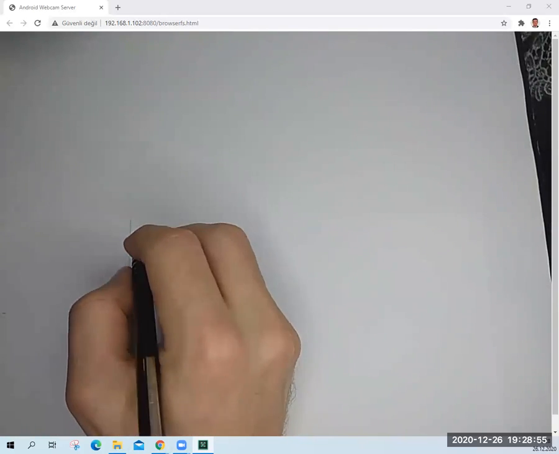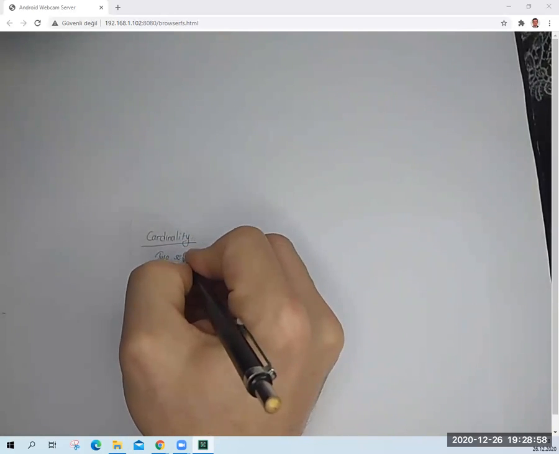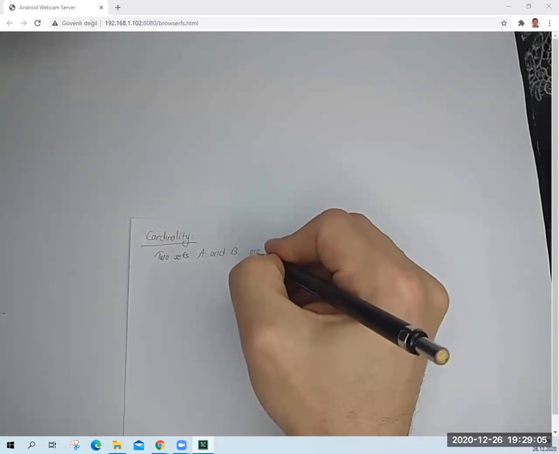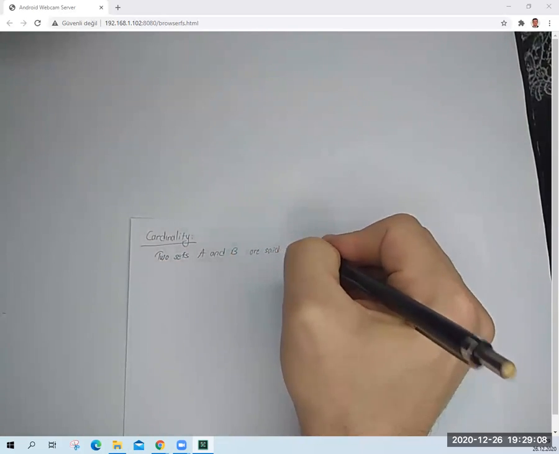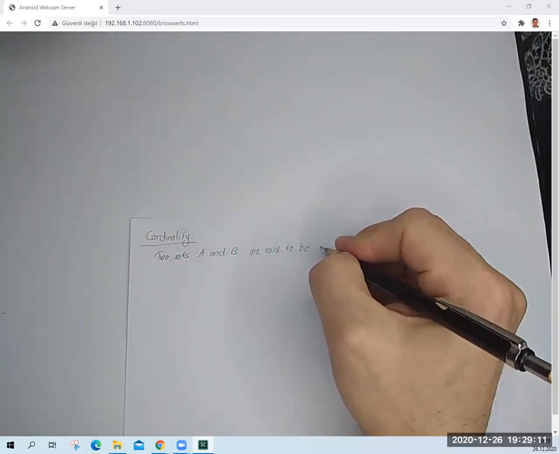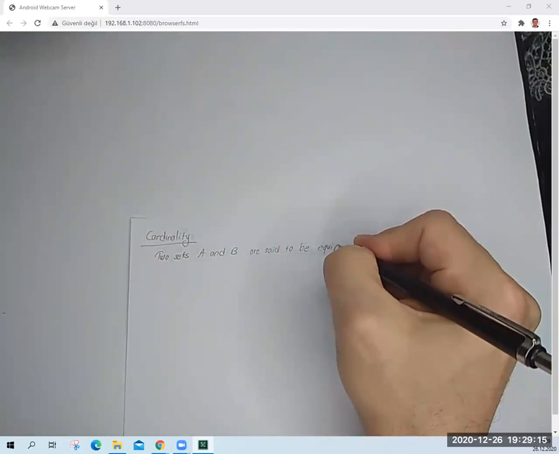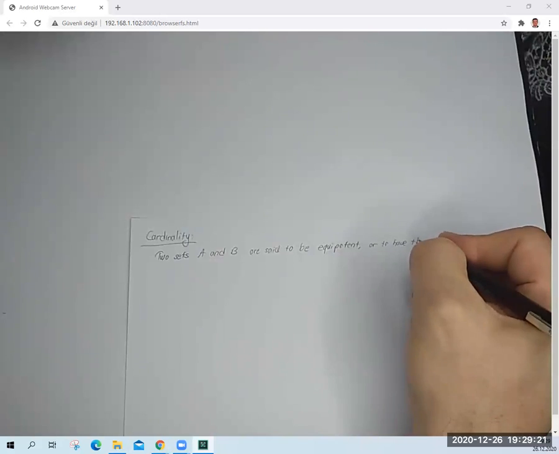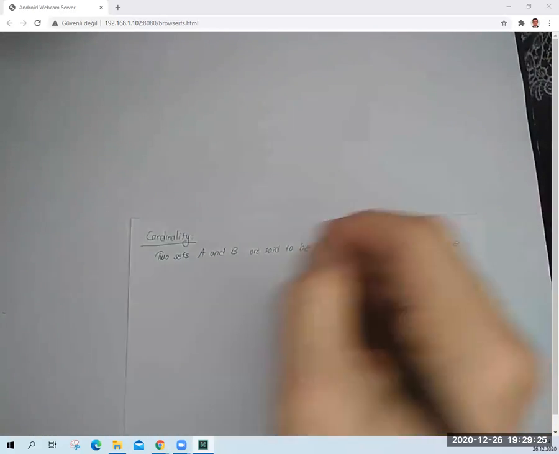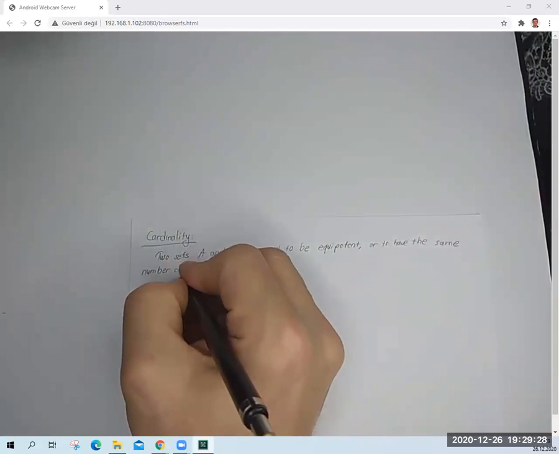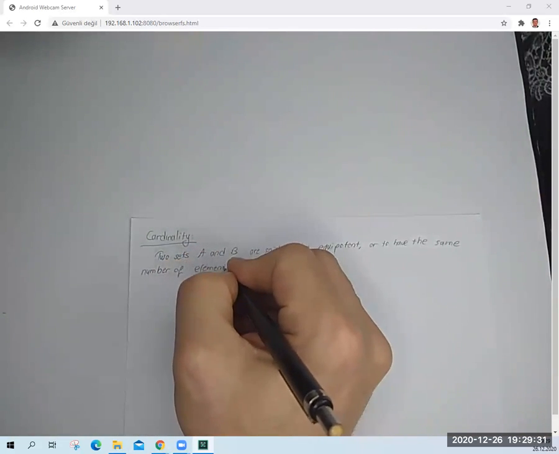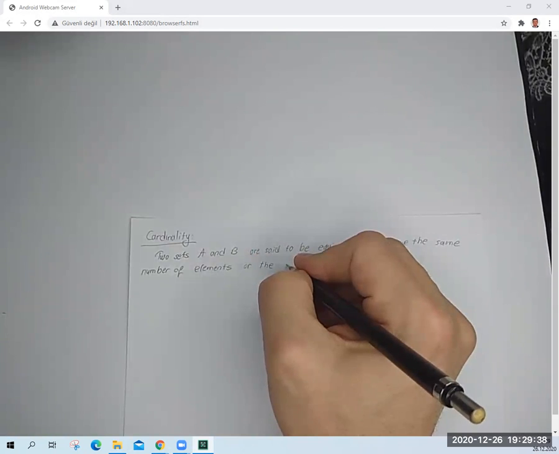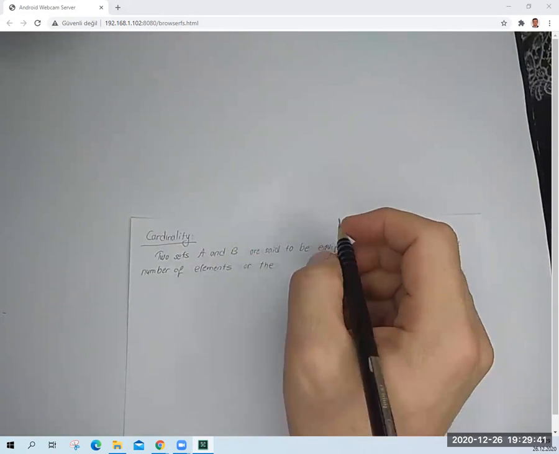Let's say there are two sets, A and B, said to be equipotent, or to have the same number of elements, or the same cardinality.